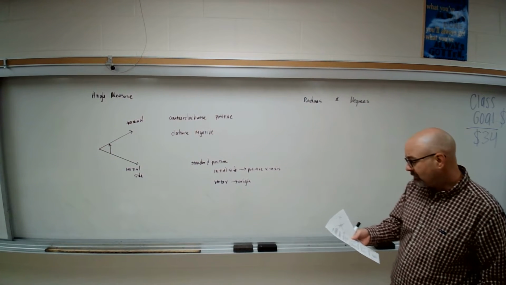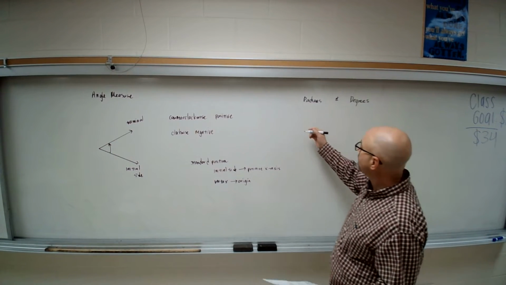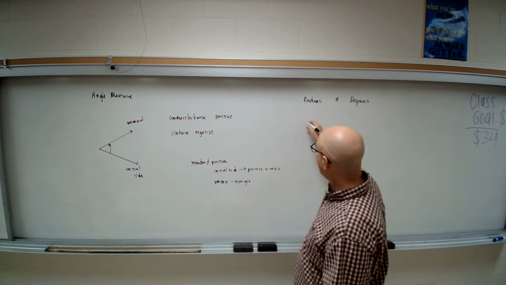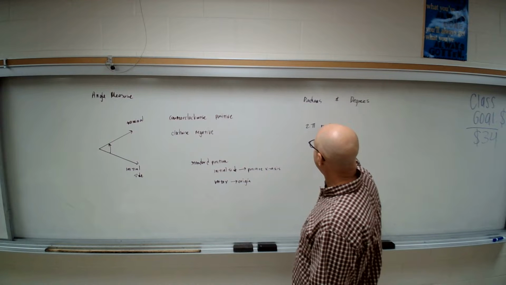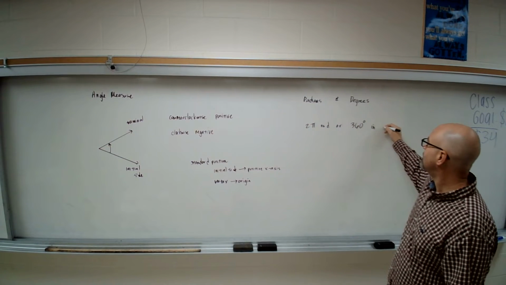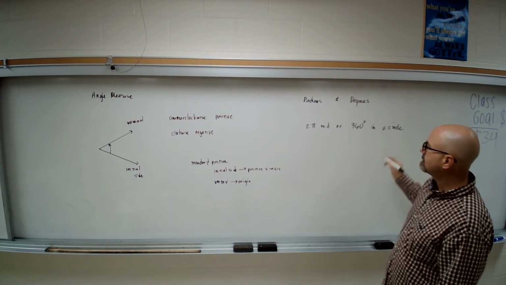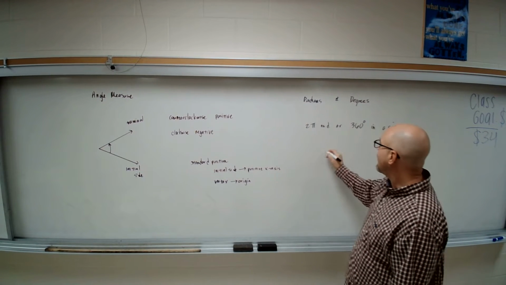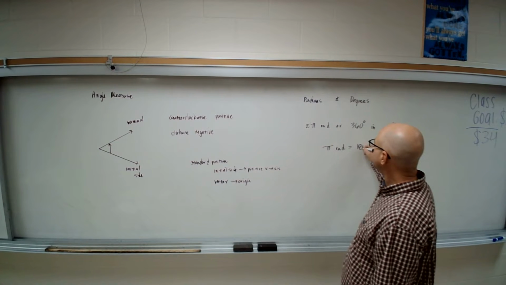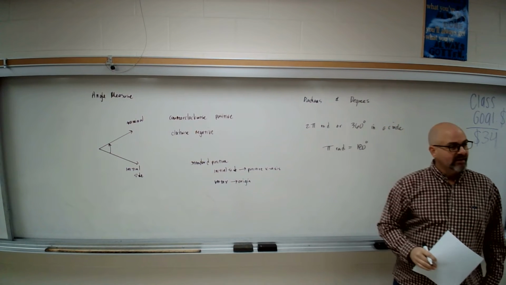So now we know that in one full revolution, or a full circle, there are 2 pi radians or 360 degrees. Should be nothing new. And then our conversion factor that we want to use is that pi radians is equal to 180 degrees.